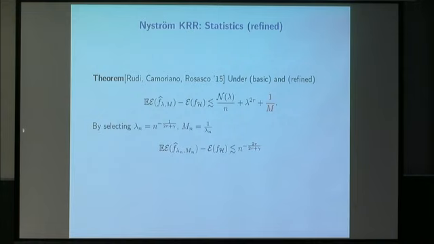I didn't say before, but here lambda depends on parameters that in principle are unknown, since you have access only to your examples, but you can find it via cross-validation. It is possible to prove that via cross-validation you find the lambda that has the same optimal properties as this one.